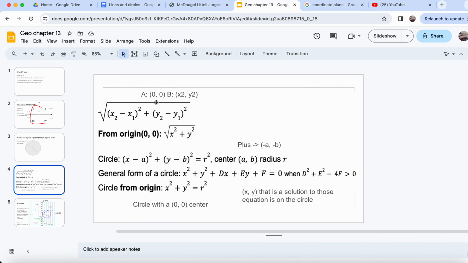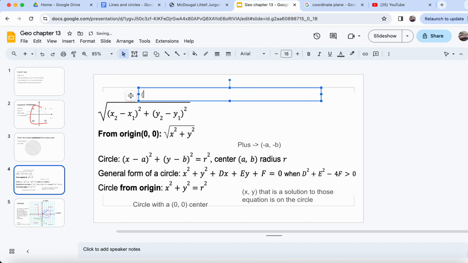Okay, the distance formula is right here: square root of (x2 minus x1) squared plus (y2 minus y1) squared. Please memorize this because it will be very useful. It means you can calculate the distance between point (x1, y1) and (x2, y2).